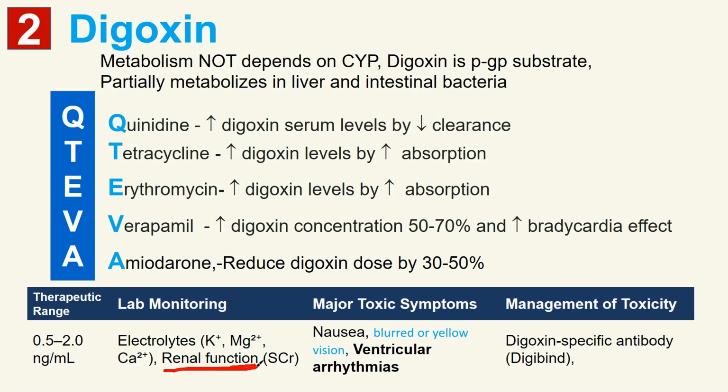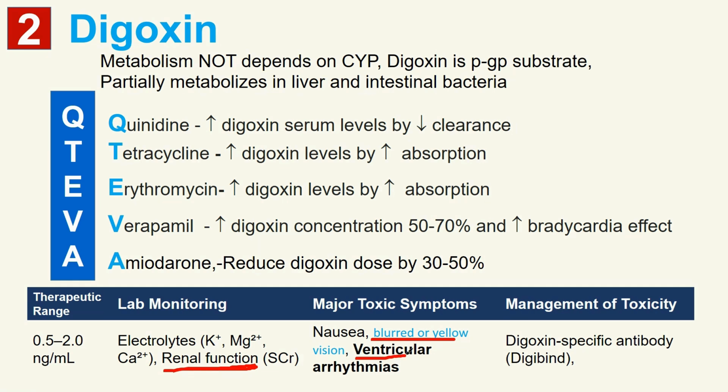In patients who have severely low renal function, the digoxin dose has to be reduced. Otherwise, it can result in digoxin toxicity, with severe nausea, blurred vision, or green-yellow vision.